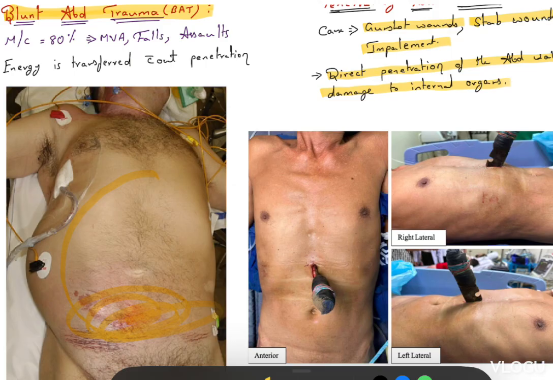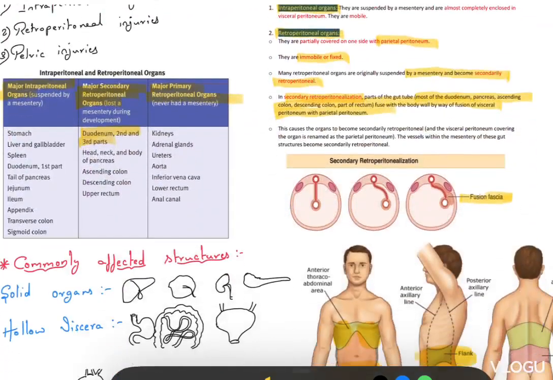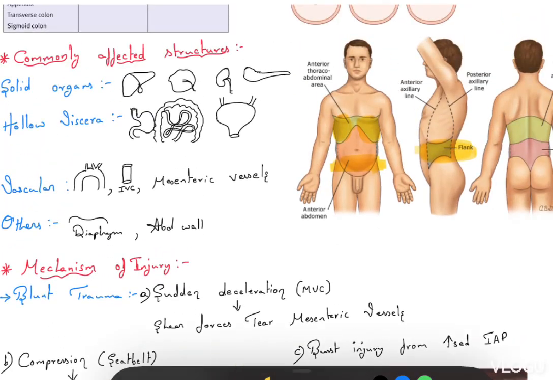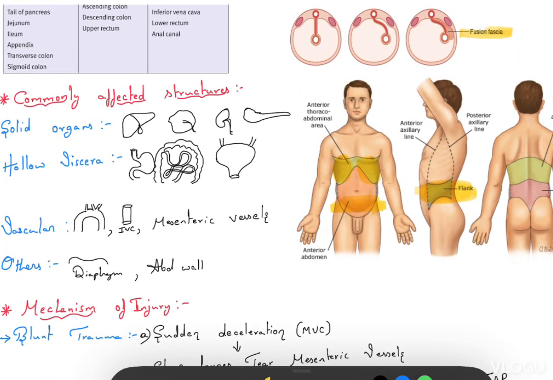Next we can see some risk factors: motor vehicle accident, high speed collisions, alcohol intoxication, no seat belt, and violence. Next, some commonly affected structures. Solid organs are the liver, spleen, kidney, and pancreas.